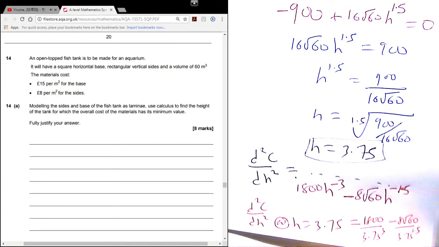Minus 8 root 60 over 3.75 to the power 1.5, and it's positive, so the answer is 2.56.